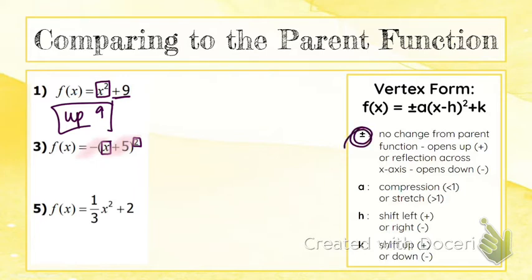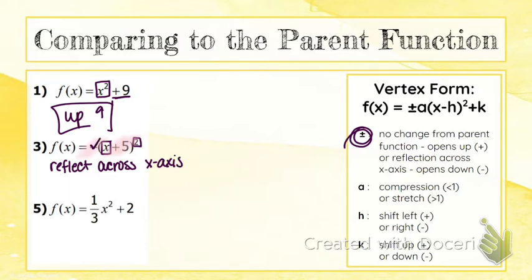And so this plus or minus says that if it is positive, there's no change from the parent function, and it opens upward because remember, parabolas are a U shape. But if it's negative, then it reflects across the x-axis and opens downward. So that's what's going to happen over here. This is reflect across x-axis. So we took care of that part.